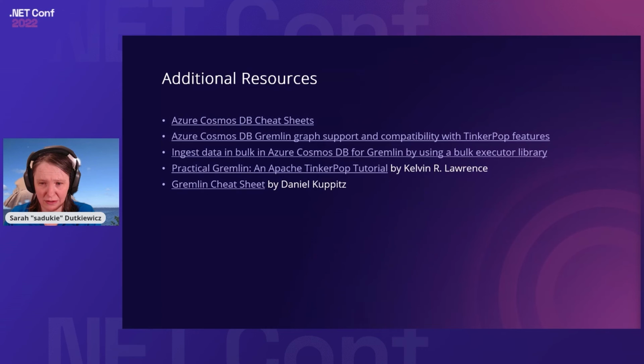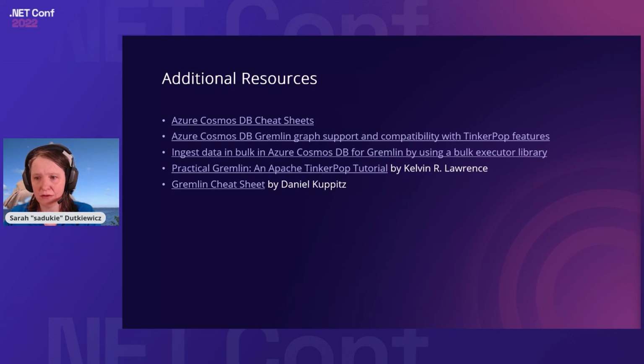Then there is also the graph support and compatibility page. You need to check that because if you run a Gremlin query and wonder why it doesn't work, it's not 100% compatible with the Apache TinkerPop project. There is a bulk executor library. The link that I have in here is for the .NET examples. I believe .NET and Java both support bulk executor for loading both Gremlin and then also the Core API.